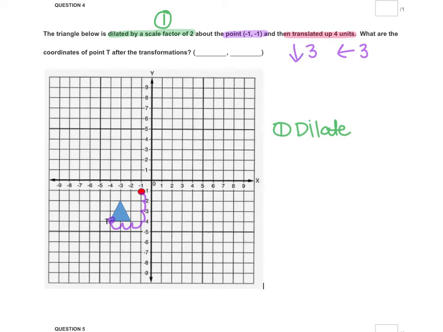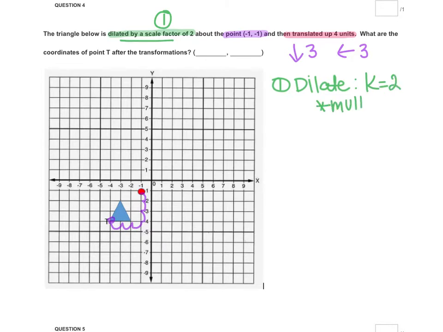So -3, -3. In order to dilate by a scale factor of 2, so k equals 2, that means we multiply movements by 2.